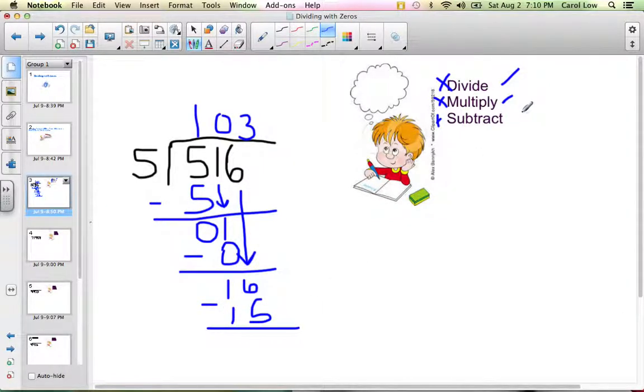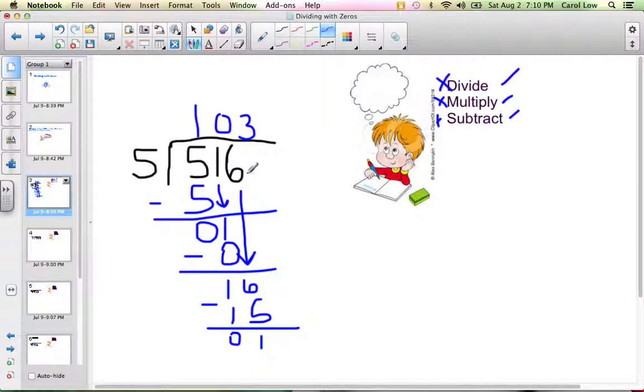I want to make sure I write that over here so I know what step I'm on. And 6 take away 5 is 1, and 1 take away 1 is 0. So our answer, if we were to do it with a remainder, is 103, remainder 1. Or if we wanted to do it as a fraction, we would do 103 and 1/5.